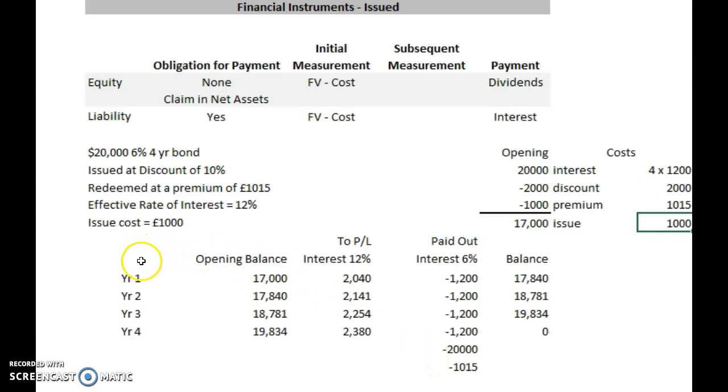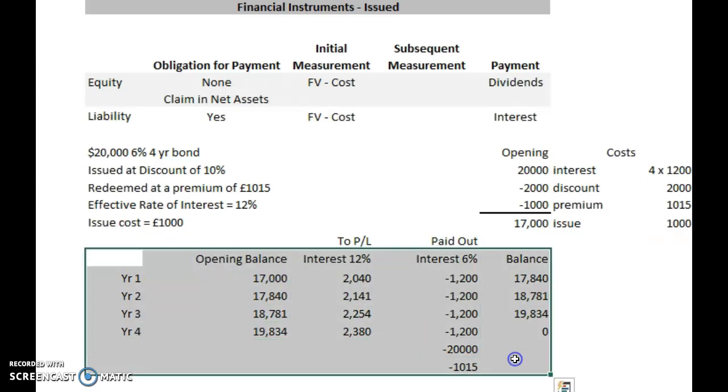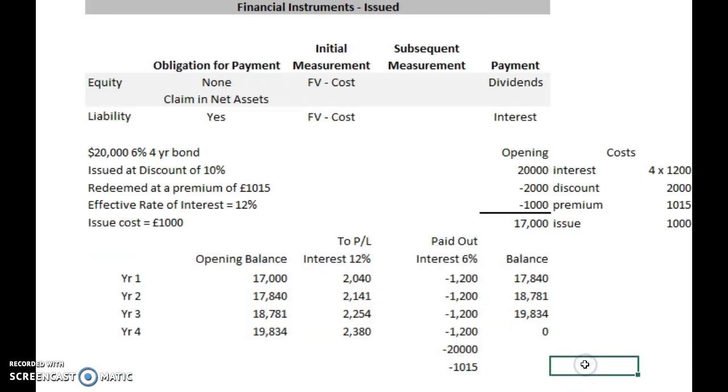The principal is not a finance cost, it's just the money we owed, and the sum of these is all the finance charges that have gone to the P&L, and if we added those up, it would be those 8,815.